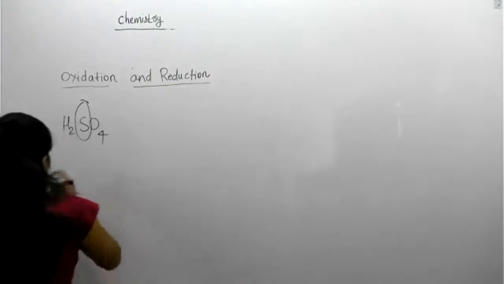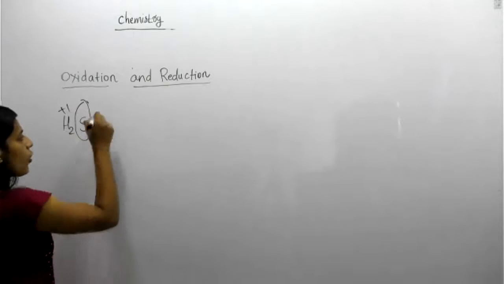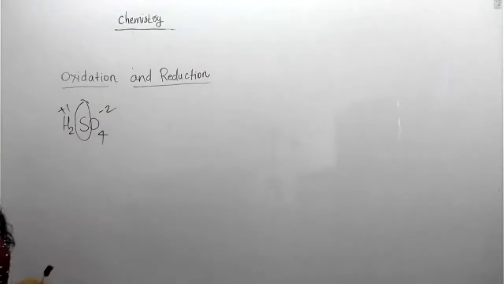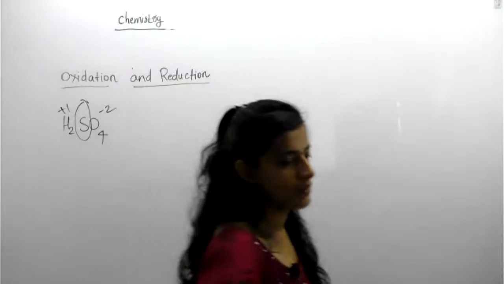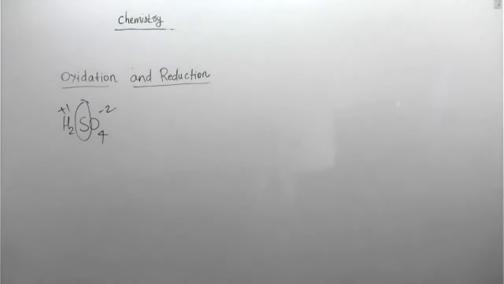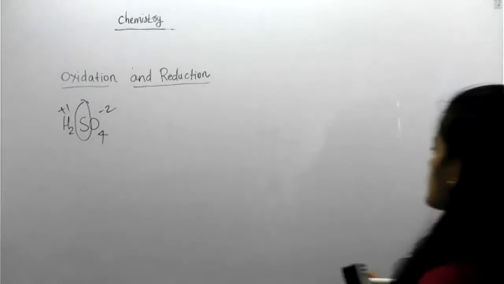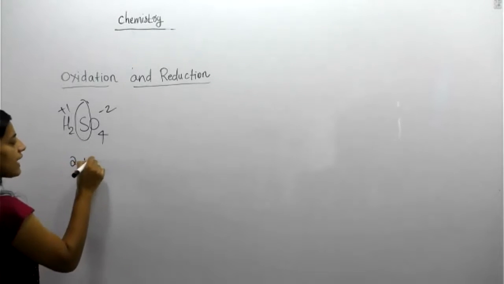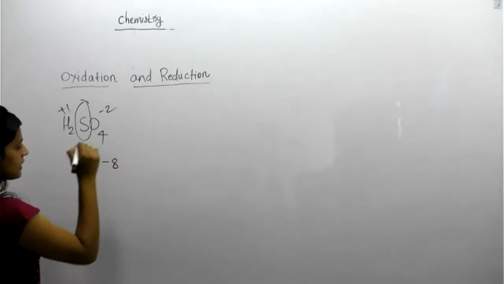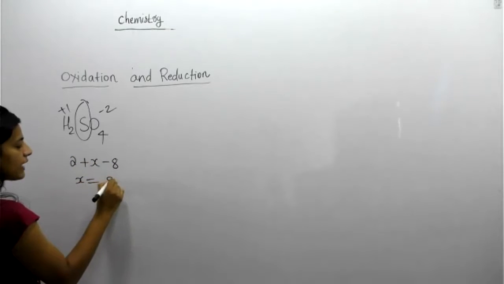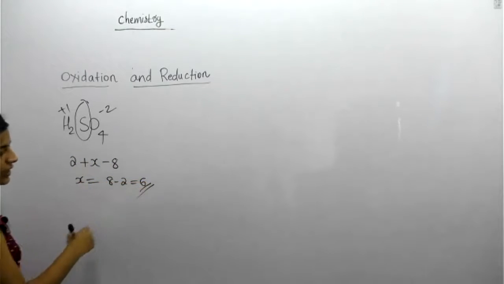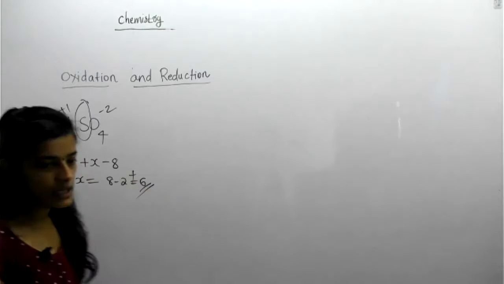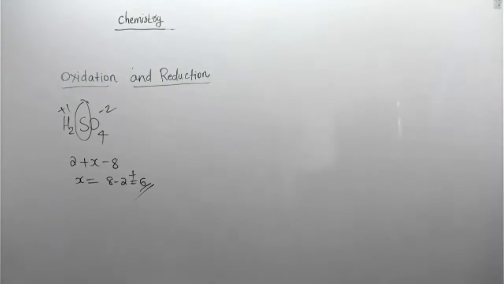H2SO4, here hydrogen you know is +1, and oxygen is -2. So find out X. Sayali is telling that X is equal to 6. Let us check. So here, students, 2 plus X minus 8. So X is equal to 8 minus 2, which is equal to 6. Right. Sayali, you are right, +6. Shaunak, okay, both have X. No problem, 6.